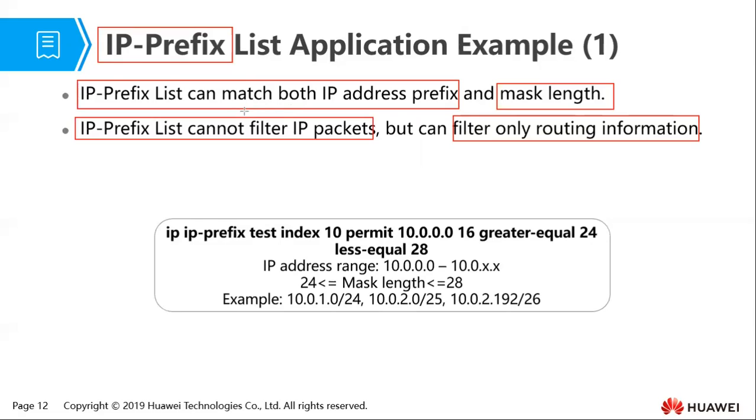So while ACLs filter IP packets, IP prefixes are used to filter routing information. When you talk of IP packets, we are talking of data flow. Data that is flowing is filtered. So ACLs are used to filter data that is passing through the router. But IP prefixes are used to filter routing information. Which networks can a router learn about? That is what IP prefix is used for.